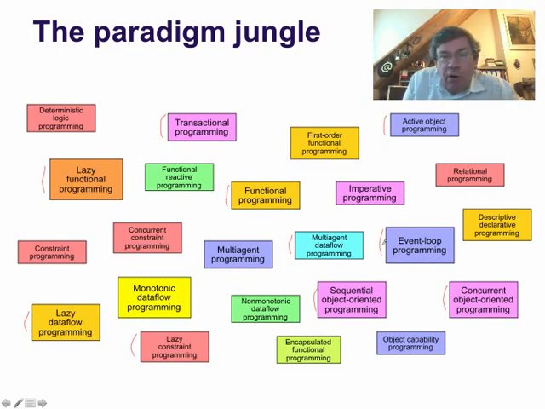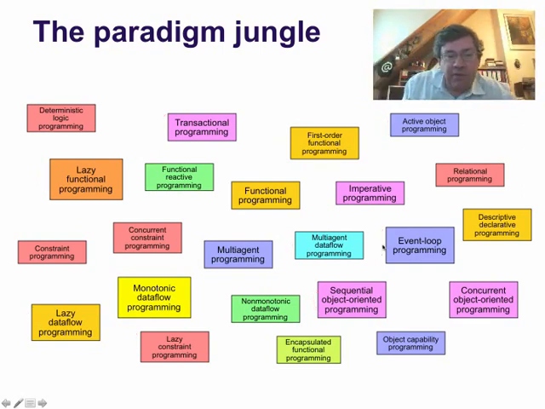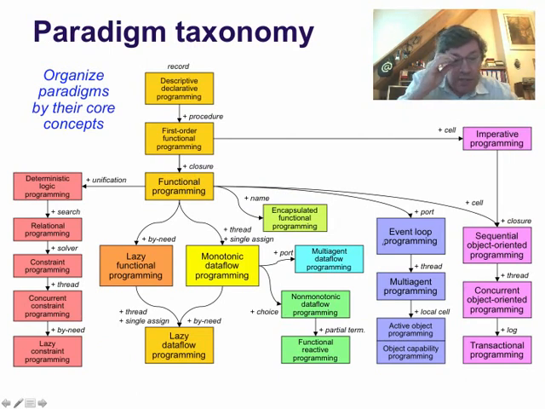So in order to bring order to this jungle, we're going to organize the paradigms in a kind of taxonomy where we will relate them depending on which concepts you have to add to go from one paradigm to the next. So this gives a diagram that looks something like this.